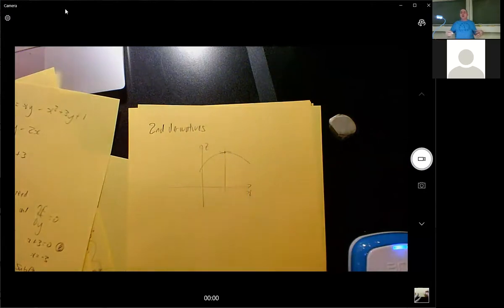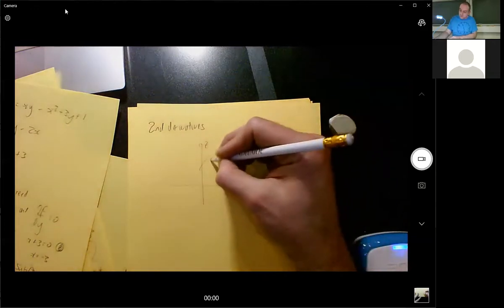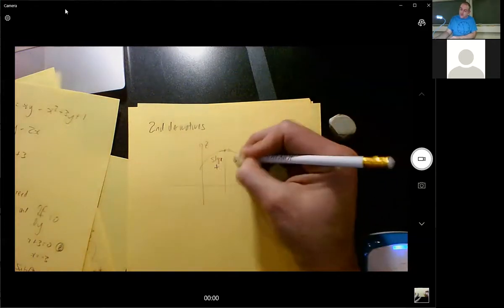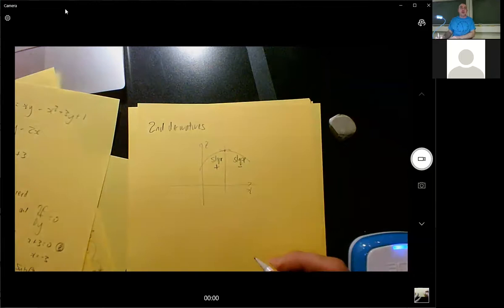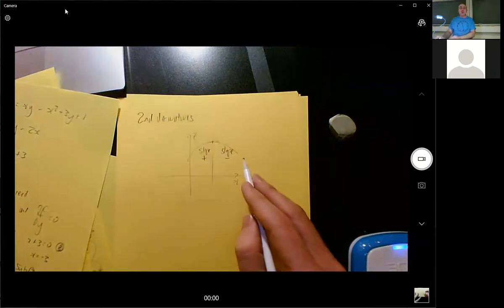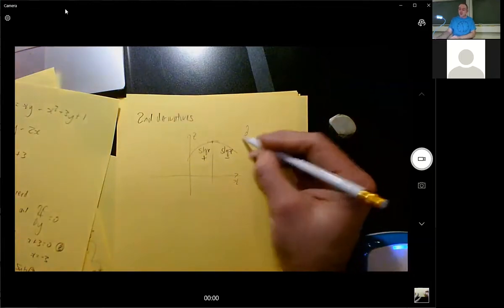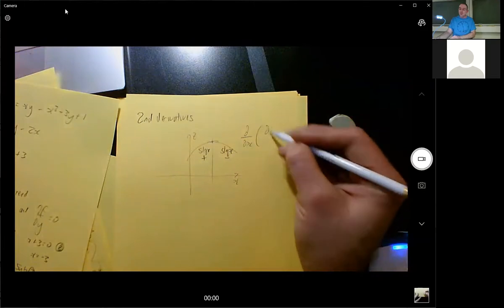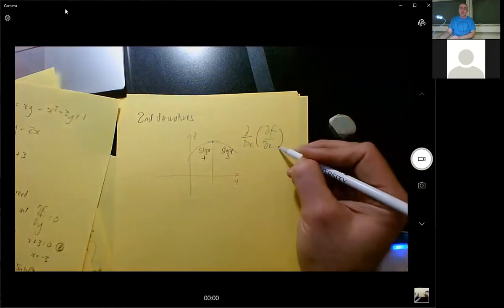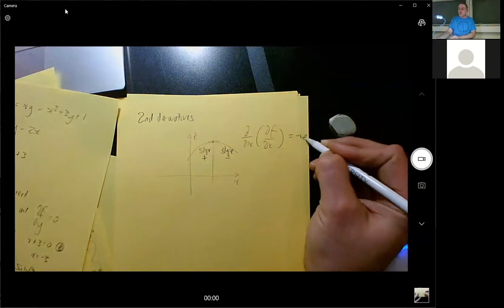So if I look at how quickly the slope is changing, it will be a negative rate of change of the slope. So the slope is positive here, and the slope is negative here. And so the slope goes from positive to negative. So the rate of change of the slope in the x direction is negative at this spot.